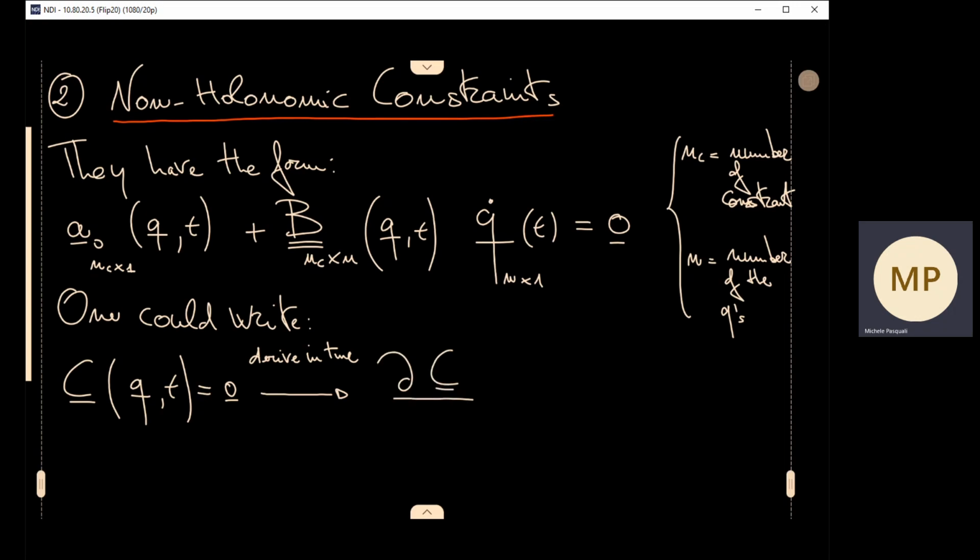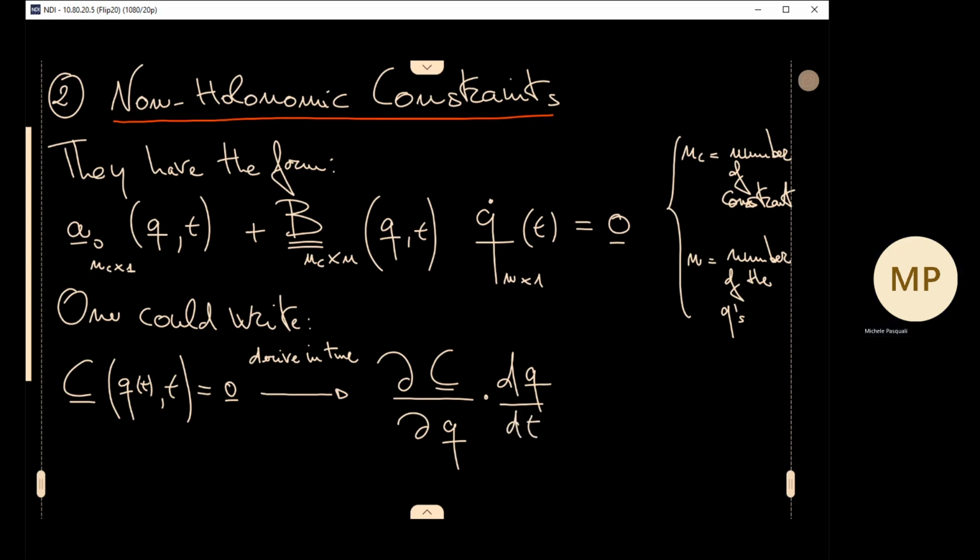Since this is a function of q, which are functions of time, if I wanted to write it explicitly, I should write q of t. So first I derive with respect to the q's, and then I have to derive q with respect to time, and then I have to derive C explicitly with respect to time. That's the definition of a total derivative, no?